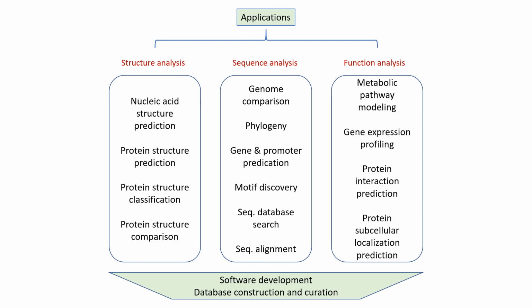So in function analysis, we have metabolic pathway modeling, gene expression profiling, and protein interaction predictions, how proteins interact with each other, and these interactions are very important for the functioning of the proteins. And we also predict where proteins are localized within the cell, and we predict all this kind of stuff using bioinformatics. So these are basically the applications of bioinformatics.